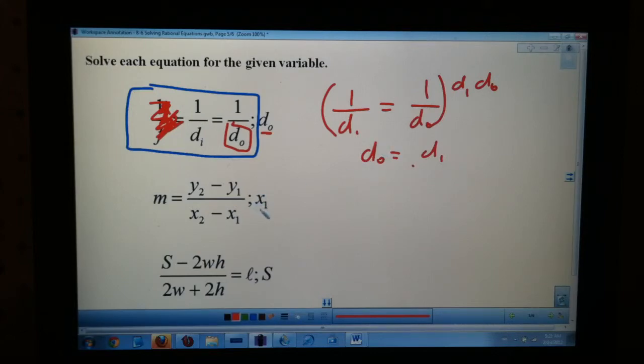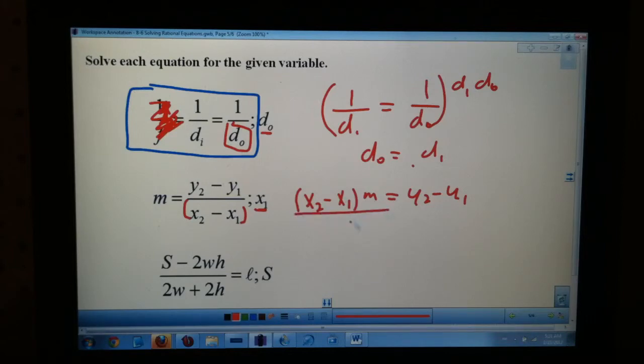Let's try another one. It wants us to solve for x1. So the first step I would need to do here is, I'm really dividing by this, so let's multiply by that common denominator. So that would give me x2 minus x1 times m equals y2 minus y1. I want to get x1 by itself, so I need to separate the m first.